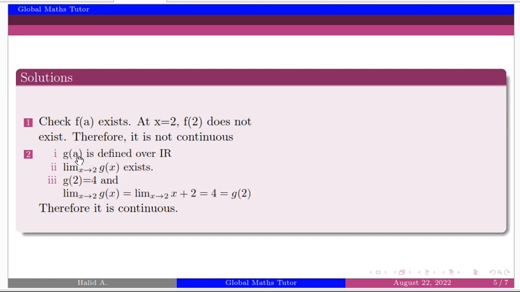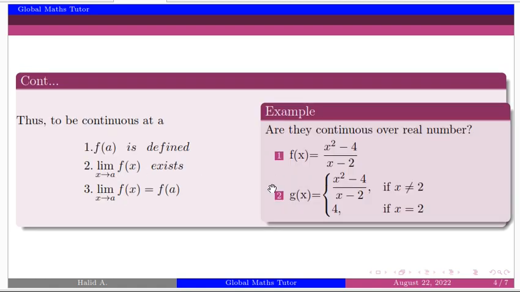This is the first one, and we have to check the limit. Since g of x is x squared minus 4 over x minus 2 for x different from 2, x squared minus 4 can be factorized as x minus 2 times x plus 2. Since x minus 2 can be cancelled out by x minus 2, the limit can exist.